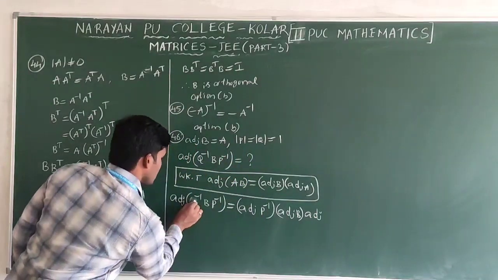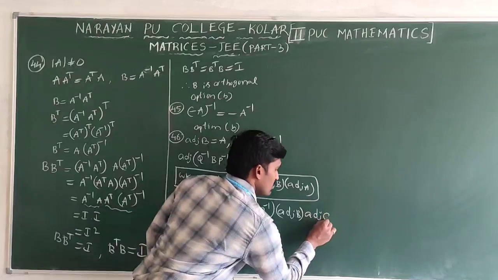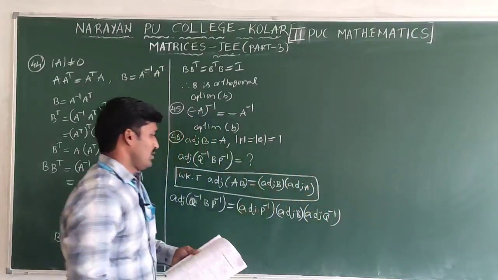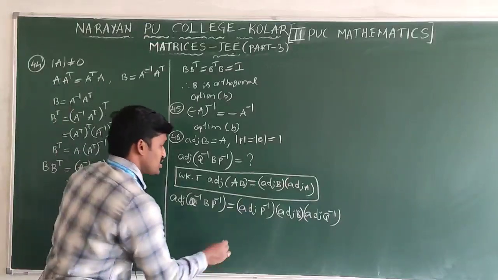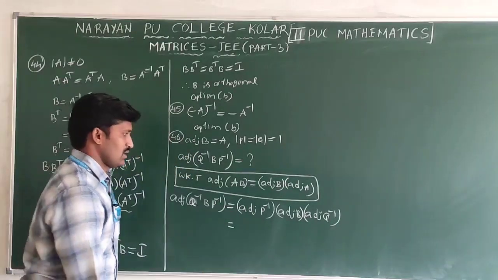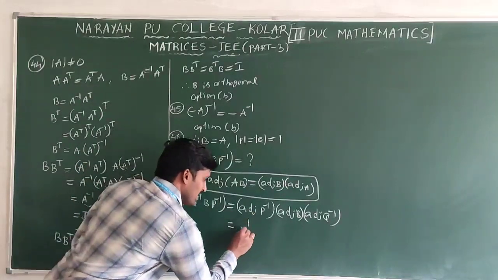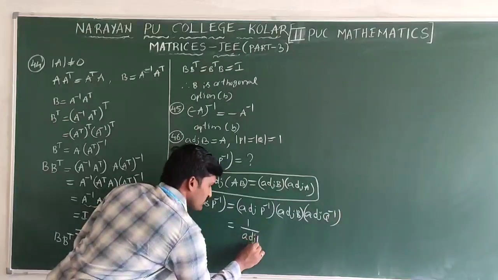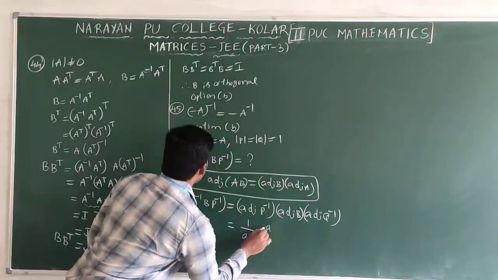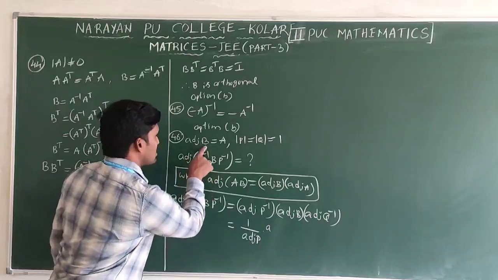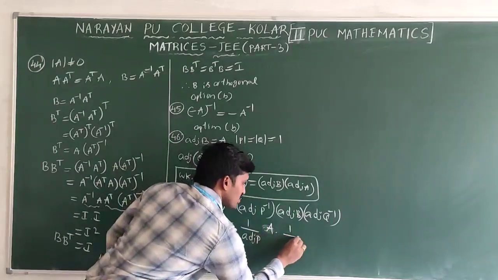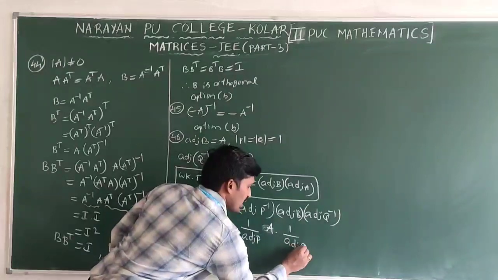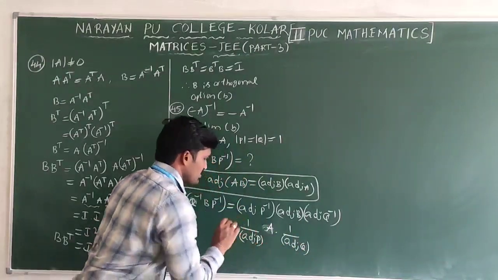Q inverse. Now value-wise, adjoint of P inverse we can write 1 by adjoint P, into adjoint B. Adjoint B means what here? Capital A. Adjoint of Q inverse means you can write 1 by adjoint Q, only for simplification purpose.